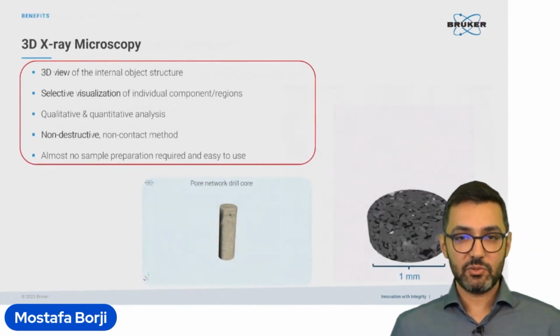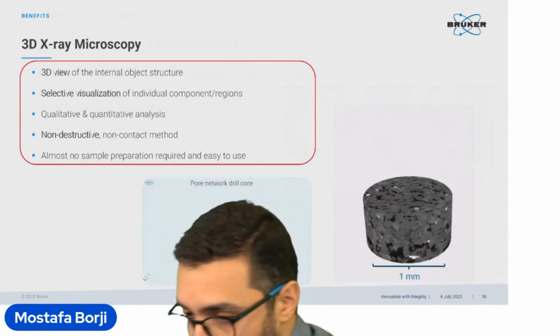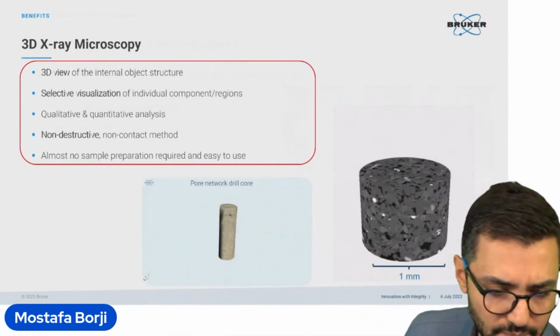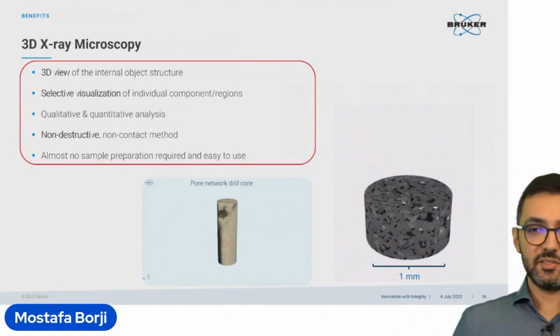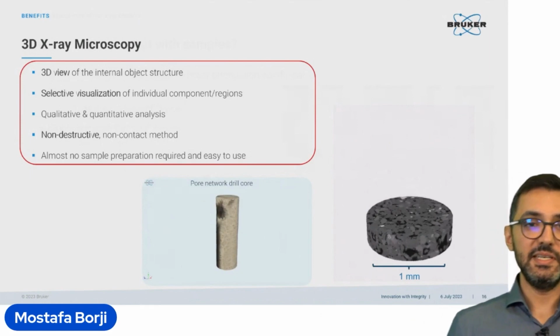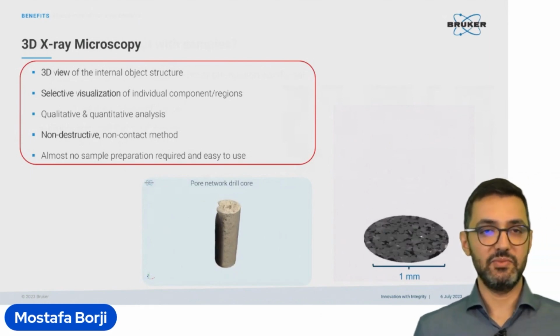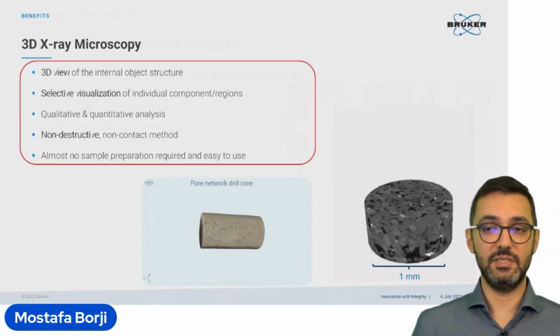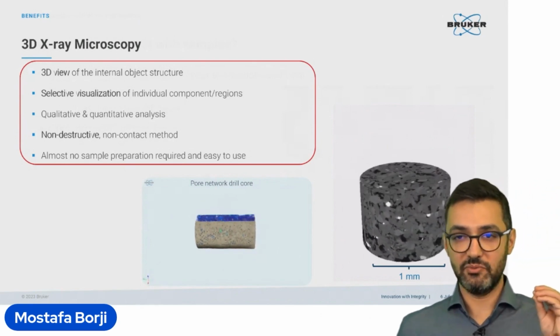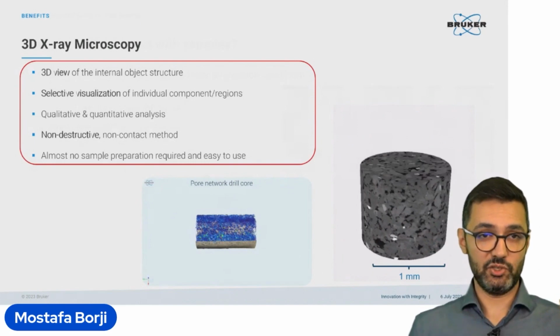Well, X-ray microscopy, let me run this one as well. The strength of this technique is that we can have a 3D view of the internal object structure. So we can map the coordination of features in three dimensions.